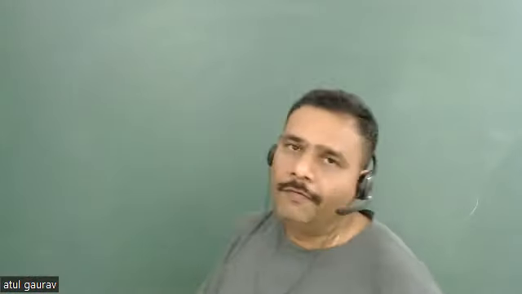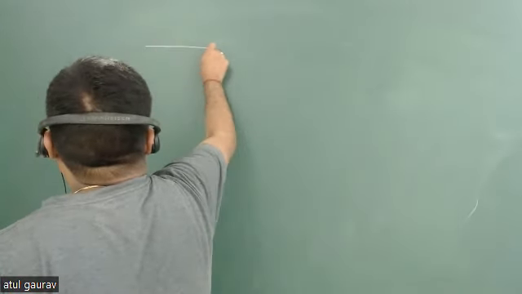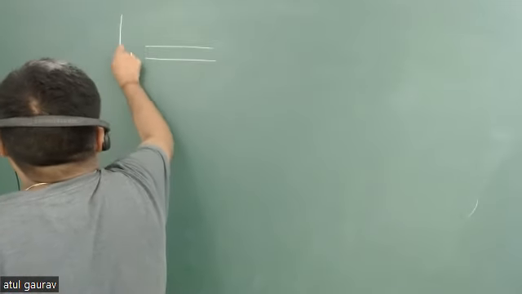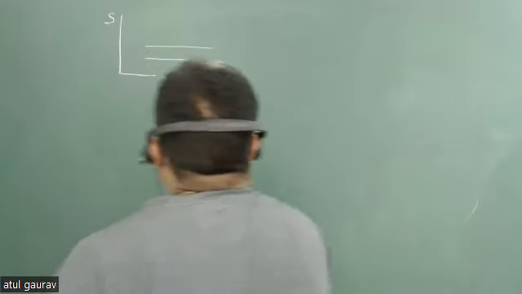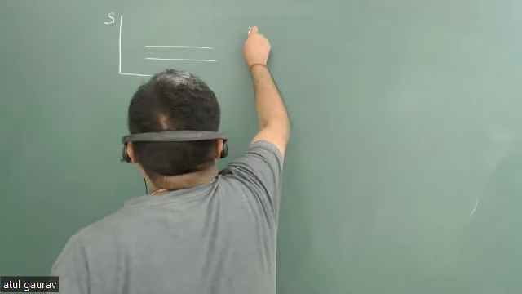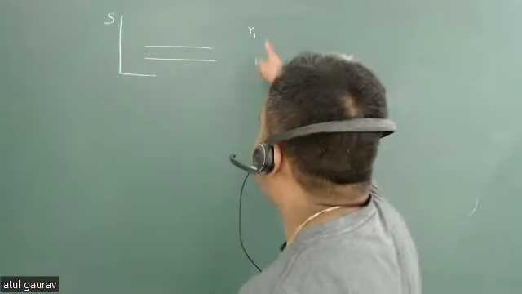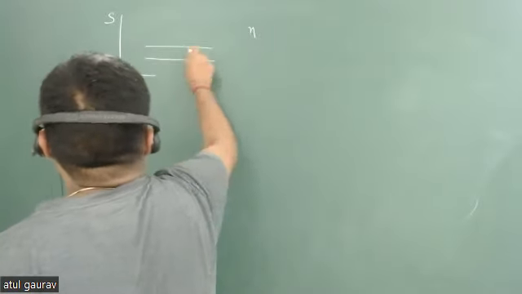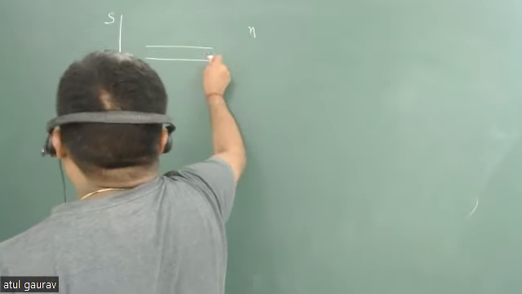So let's try to go for a very nice case study when you have a current carrying wire. Let's say this wire is at rest with respect to the S frame, and the number density of the charged particles is N. You can apply some voltage to this wire.